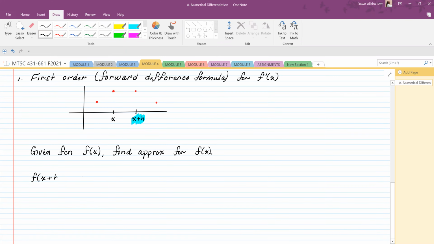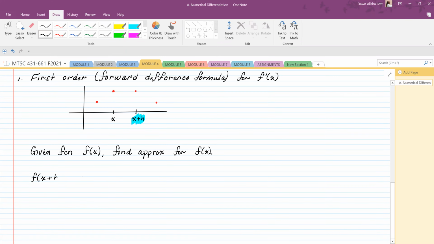When we do that, the number we get is 0.54067. Not too bad of an approximation. It's got some error. We can figure out the error.